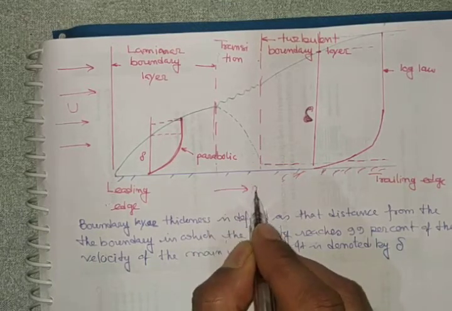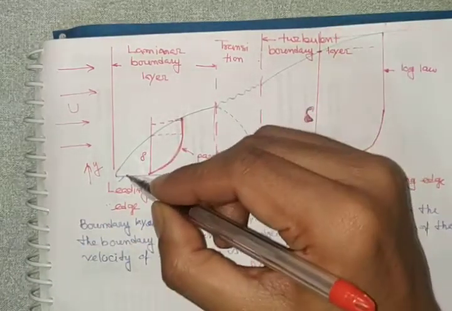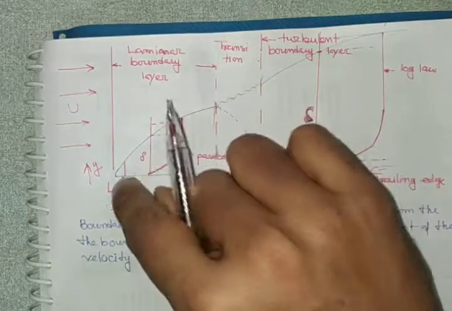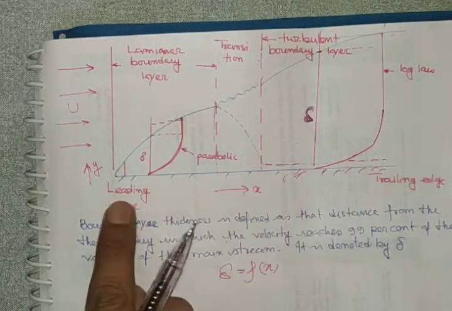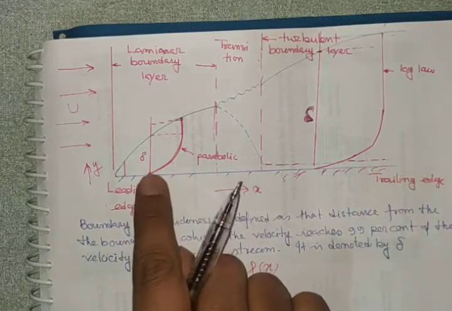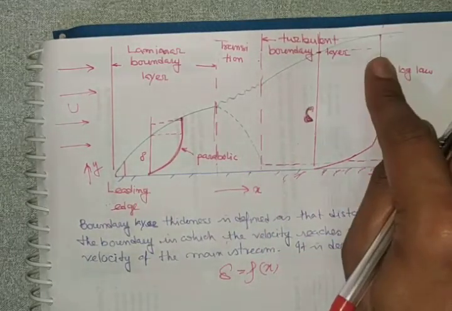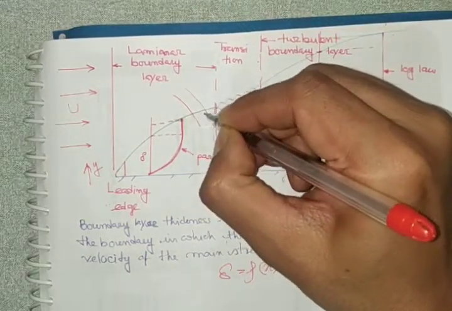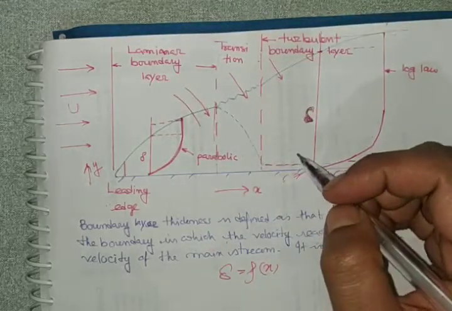This is your x distance, this is your y. So at this point, this is your delta, and if you go along the x direction, from the leading edge to the trailing edge, the boundary layer thickness increases. Why does it increase? Because there will be a mass flow from the outside of the boundary layer.